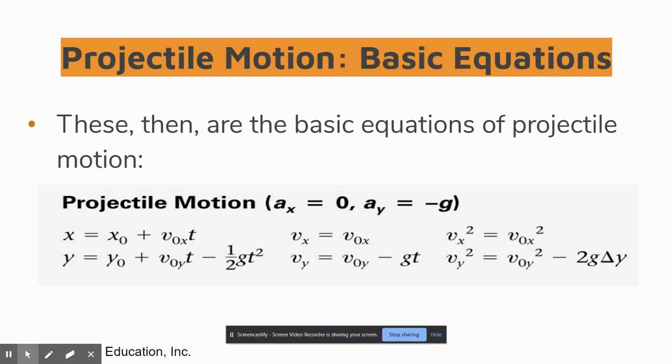So it's going to be very important, when we have something that's not moving in the horizontal or vertical directions only, that we are utilizing these equations for both the x and y directions. And to find these, you use the assumptions that we talked about before. So you would just plug in this information, and that's why these equations look a little bit different than the ones we were just viewing.